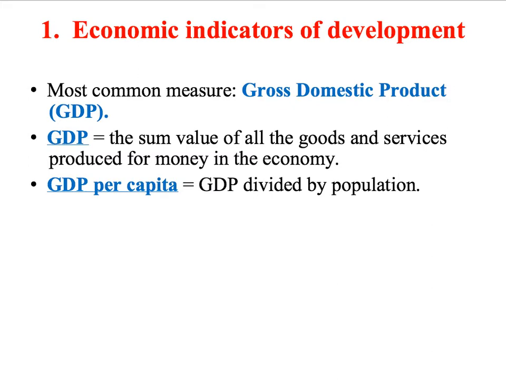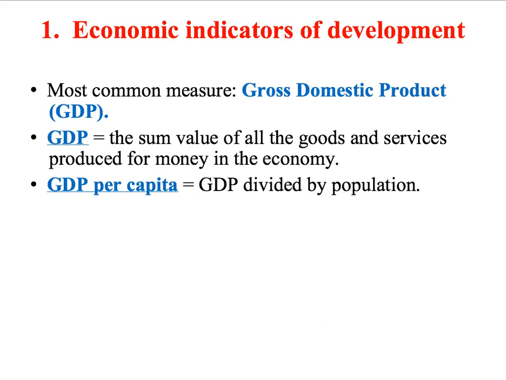So economic development focuses on people's financial well-being. Economic development focuses on the wealth of a nation, on people's living standards. And the most commonly used economic indicator of development is what we call gross domestic product, which is often abbreviated as GDP. GDP measures the total economic output of a particular country.